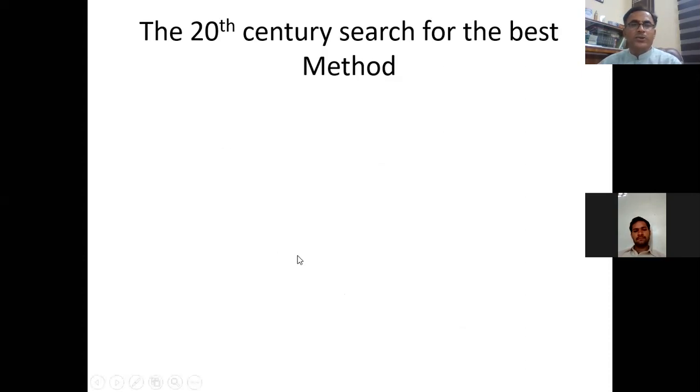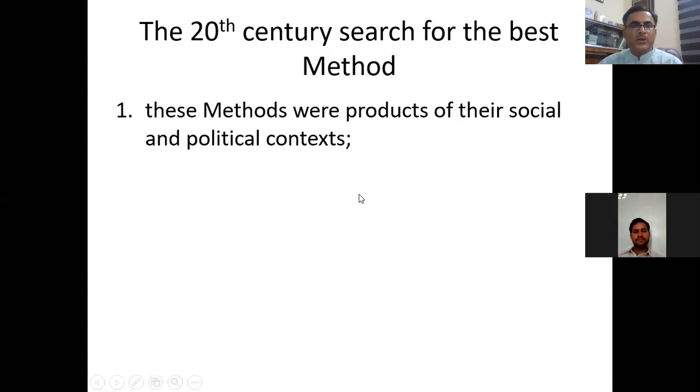Now we get to the 20th century, the search for the best method. In the 20th century, these methods were basically the products of their social and political contexts. Like we talked about the audio-lingual method, or the grammar translation method.